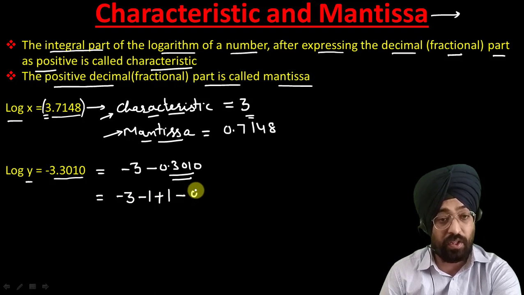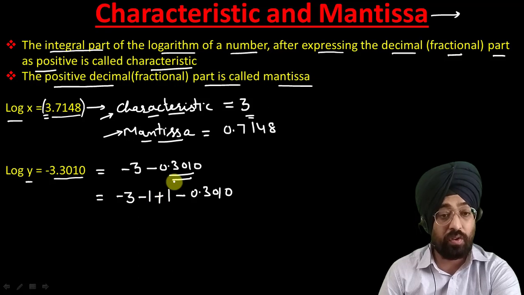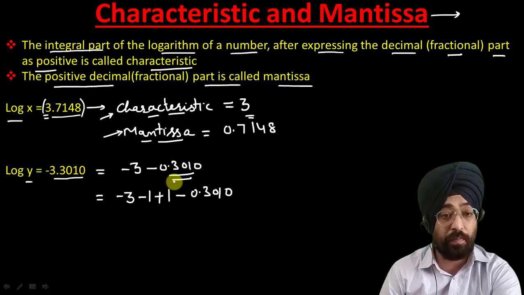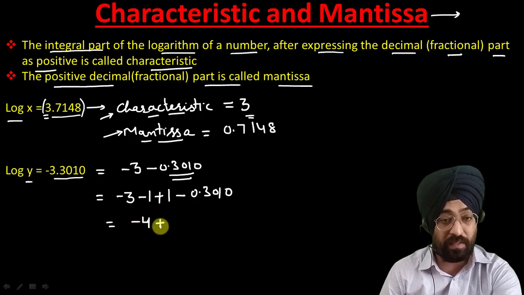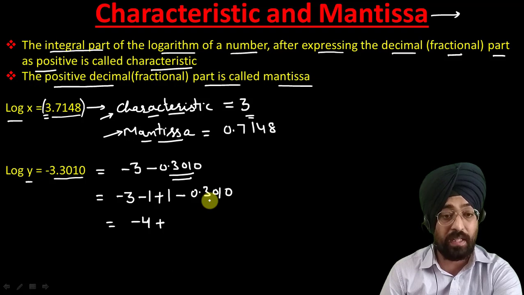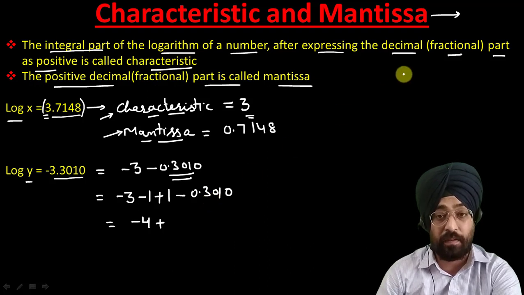Then minus 0.3010. So this is the basic rule to convert the decimal part into a positive part. Now minus 3 minus 1 becomes minus 4, plus 1 minus 0.3010.